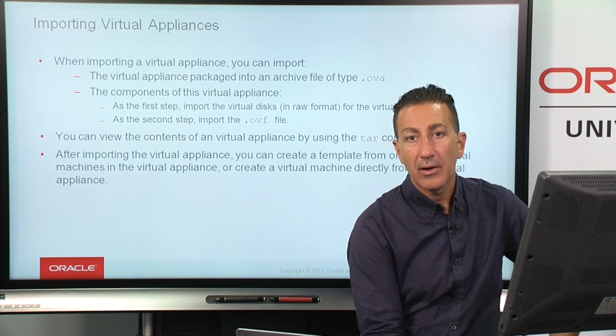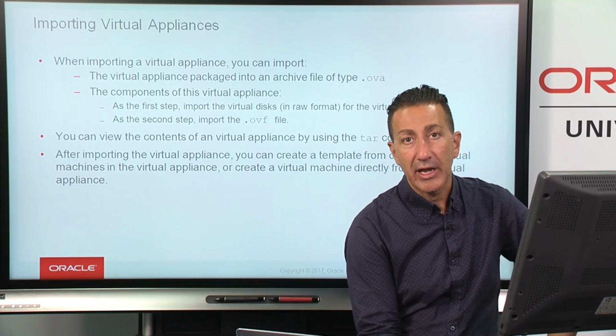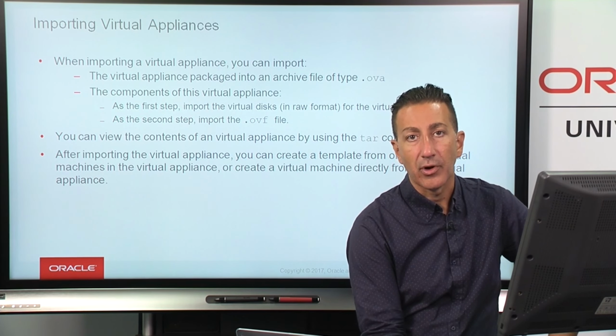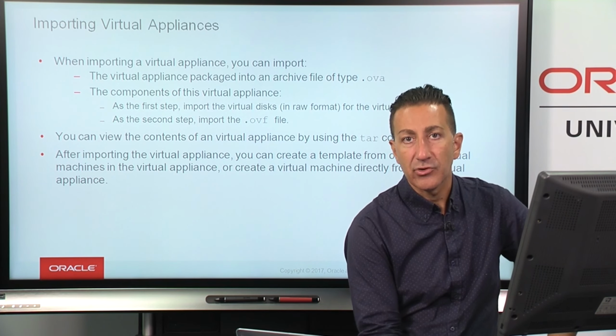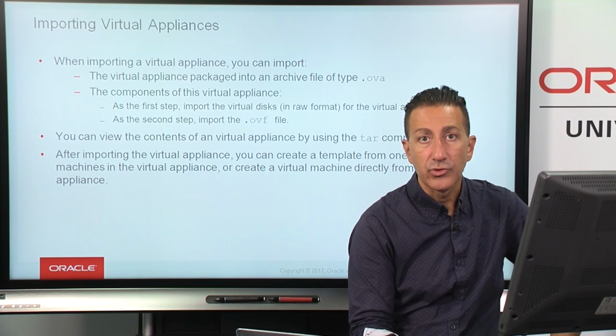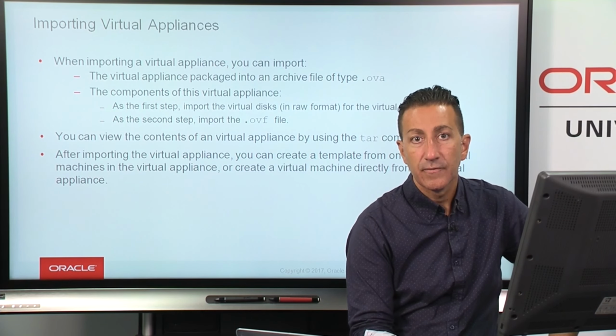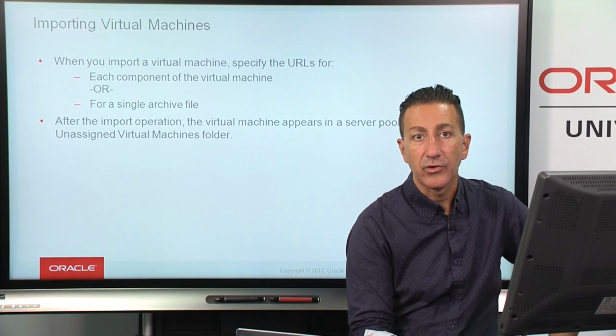After importing the virtual appliance, you can create a template from one of the virtual machines in the virtual appliance, or you create a virtual machine directly from the virtual appliance. What I mean is that you need to create a copy, a cloning process. You cannot, after you import a virtual appliance, use this as a virtual machine, right? You need to use the cloning process, the provisioning process of virtual machines.